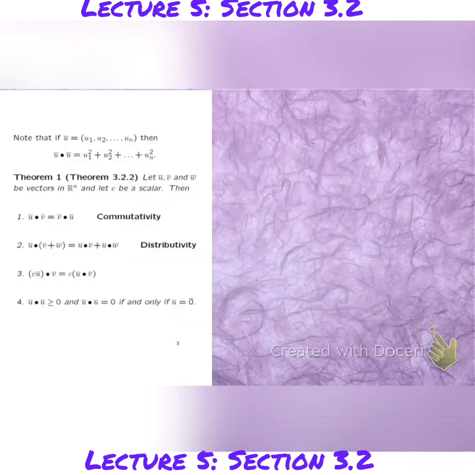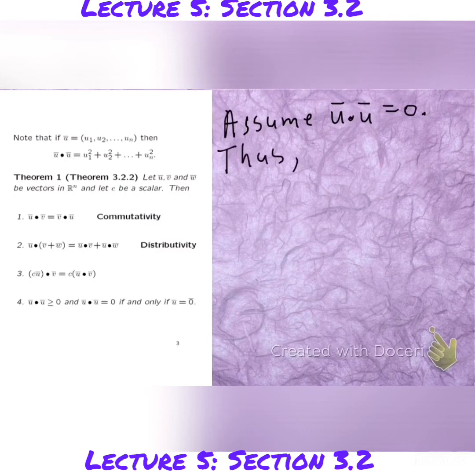Okay, let's prove theorem 1.4. Theorem 1.4 states that the only way that a vector is the zero vector is if its dot product with itself is zero. So in this case, we first assume the dot product of u with itself is zero. Thus, we have that u's dot product with itself, we know that's the sum of the squares of the components, and that is zero.